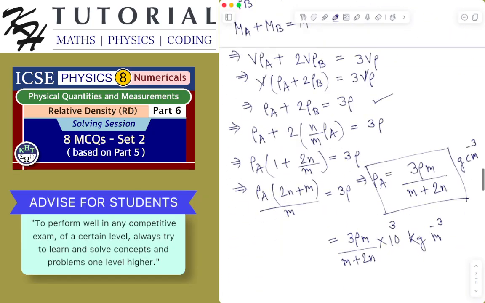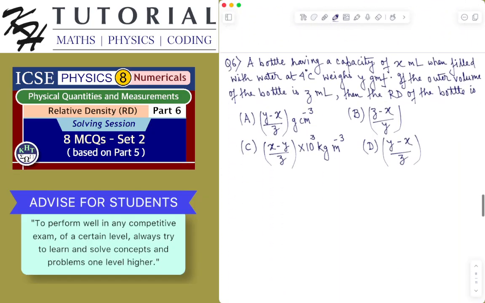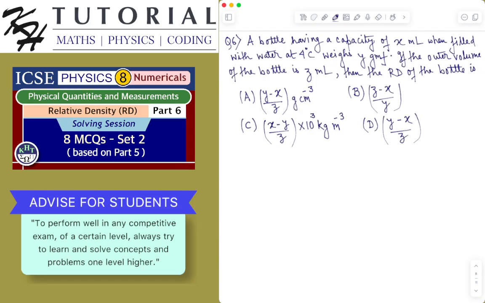Okay, let's see the next problem. Question number 6. A bottle having a capacity of x ml when filled with water at 4 degrees centigrade weighs y gmf. What is given?